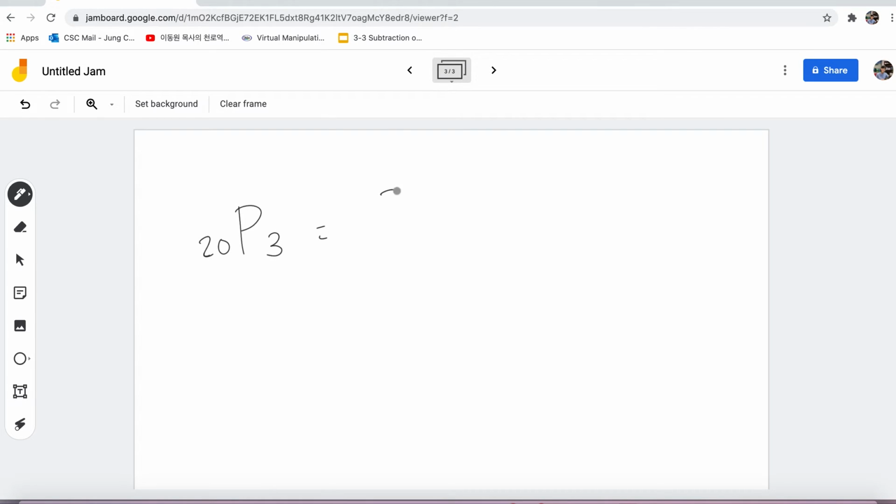We already know how to calculate this. It's 20 factorial over 20 minus 3 factorial. In this example, I didn't use a real world situation because I want to focus on how to calculate that easily. So in this case, it's 20 factorial over 17 factorial.